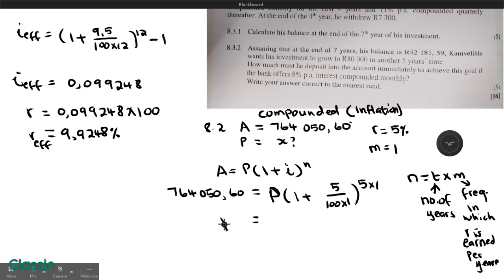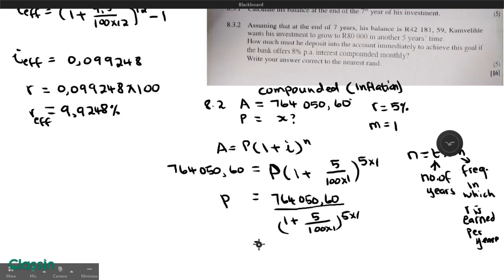It means that our P is going to be 764,050.60 divided by (1 plus 5 over 100 multiplied by 1) to the power of 5 multiplied by 1.